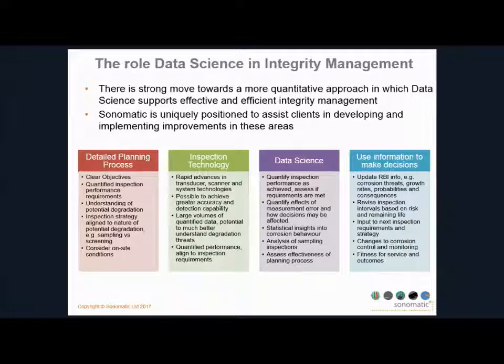There's probably a long way to go in some of these areas, particularly in the way RBI is used, and even some of the simple steps that can make a big difference, such as making use of data that you have to update the RBI rather than seeing it as something essentially static. Quantitative data and analysis gives you a much stronger basis for doing that.